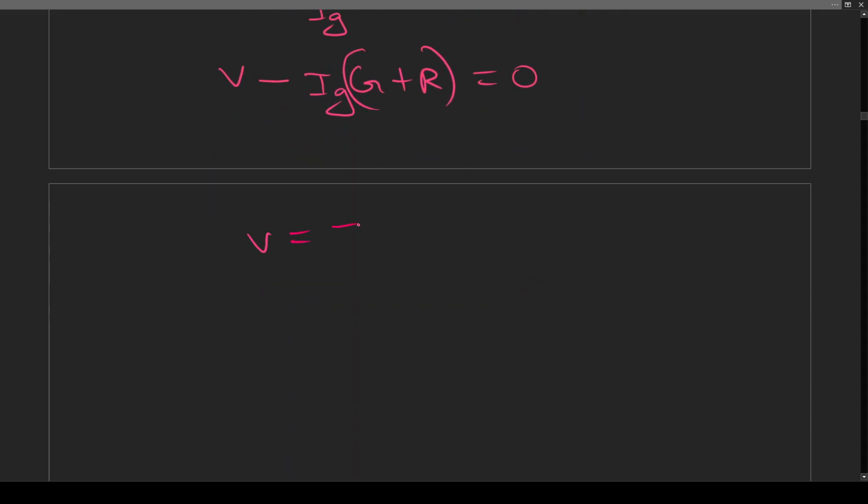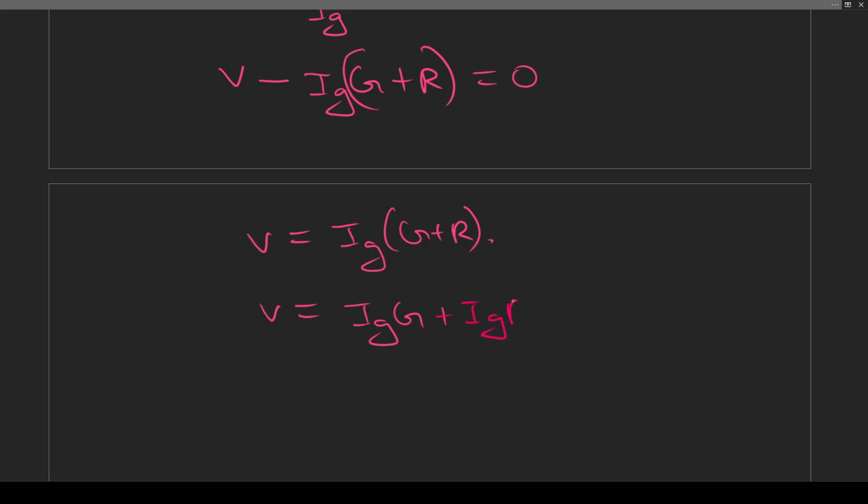From this we get V equals IgG plus IgR, then V minus IgG is equal to IgR.